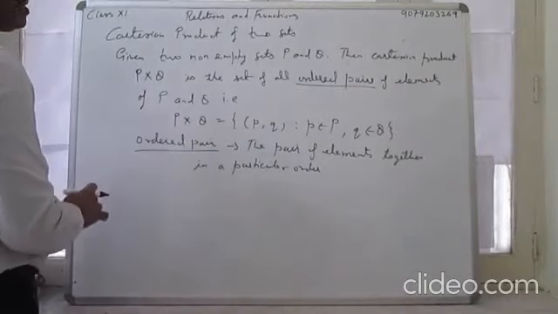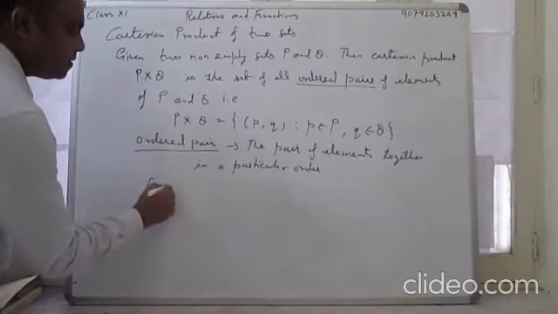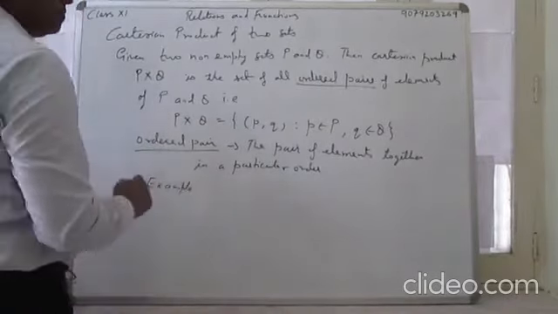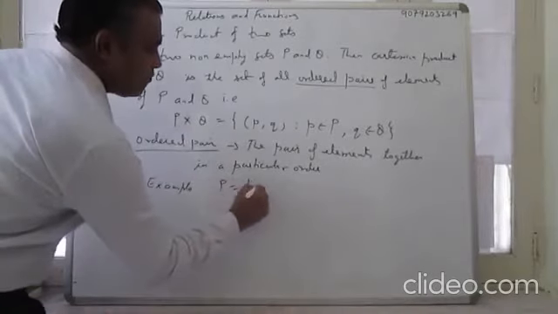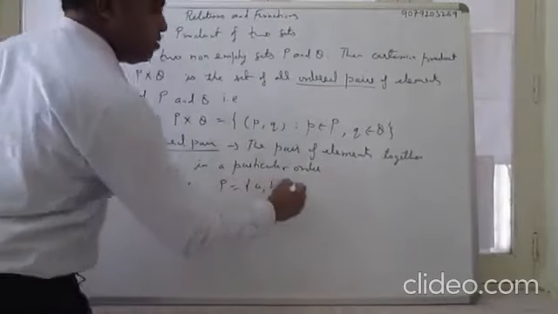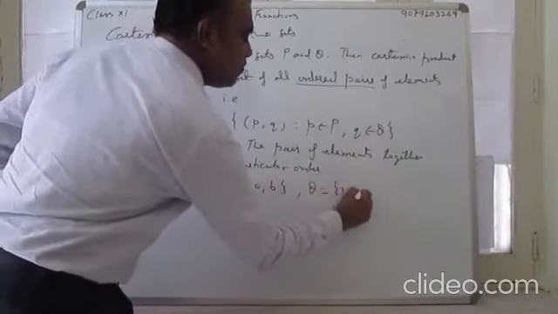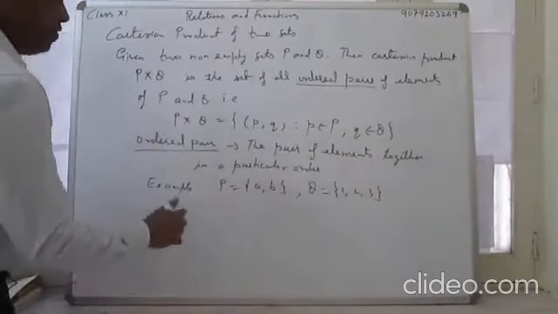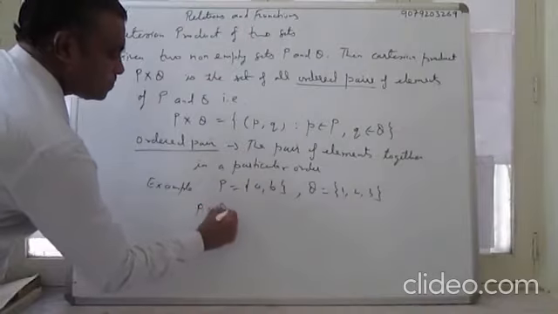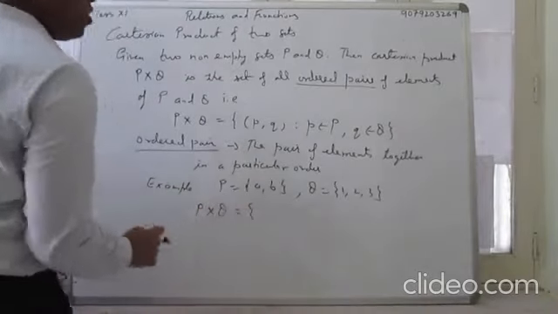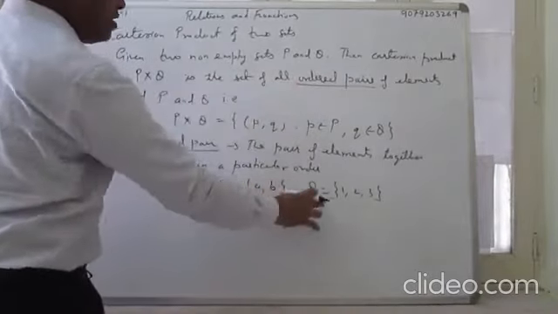Now I give one example. If P is the set {A, B} and Q is the set {1, 2, 3}, now what is P cross Q? What are the ordered pairs of all elements of P and Q?